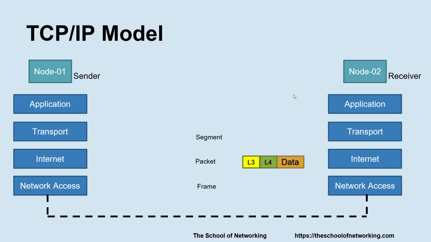If both pass, it removes the layer 3 header and sends the data to the transport layer. At the transport layer, again it checks whether the destination port is open or not. If it is open, it removes the layer 4 header and sends it to the application layer, and this is how the data is received at node 2.